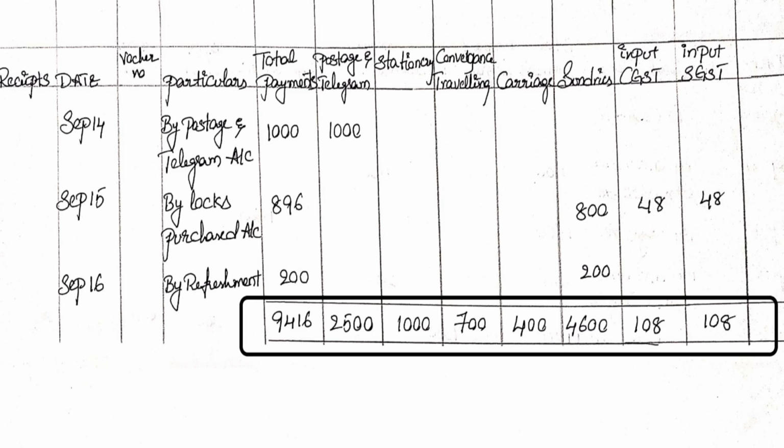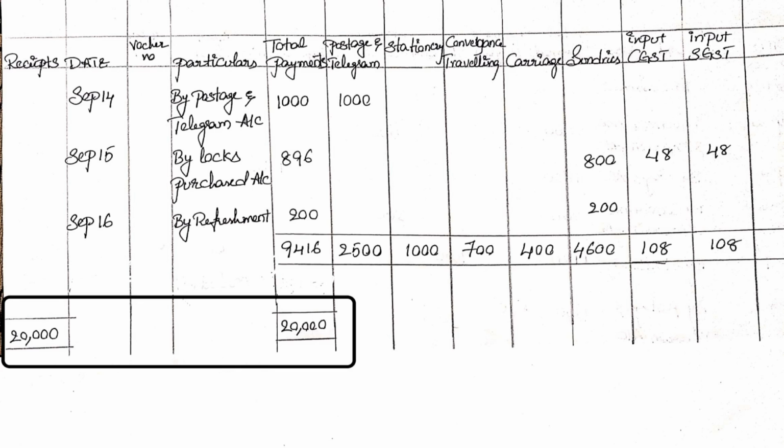For stationery 1,000, for conveyance and travelling 700, carriage is 400, for sundry expenses 4,600, input CGST is 108 and input SGST is 108. If you add all the categories' amounts, you will get this total payment amount.